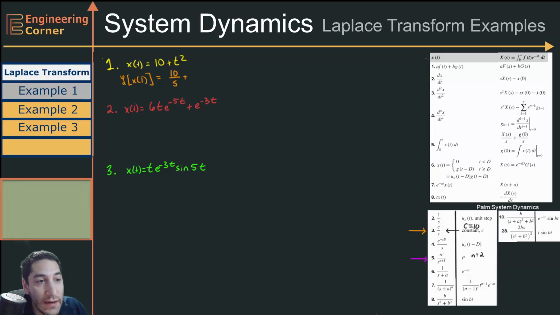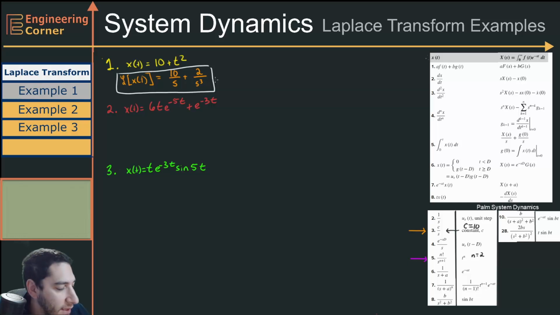And that's our second transform. So this is going to be 2 over s to the third from entry number 5. So that's pretty much as simple a transform as you will see.